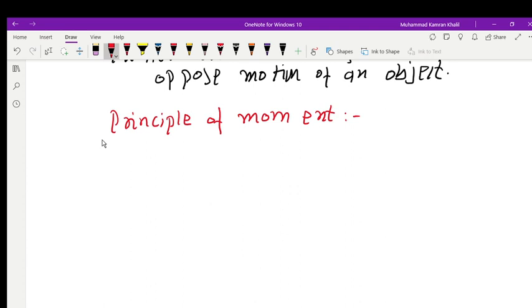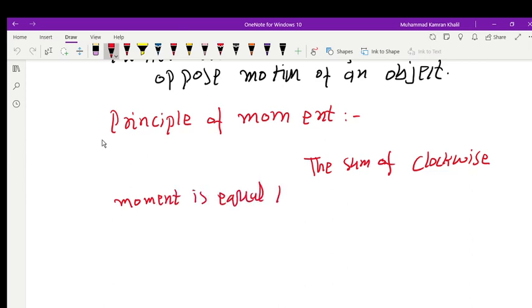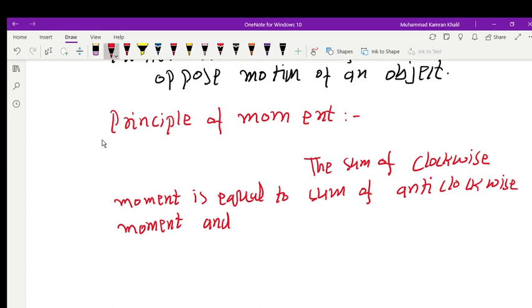The principle of moment says that the sum of clockwise moments is equal to the sum of anti-clockwise moments, and the system will be in equilibrium.